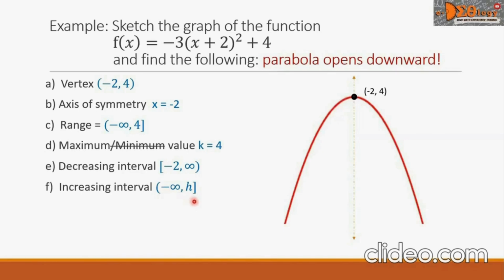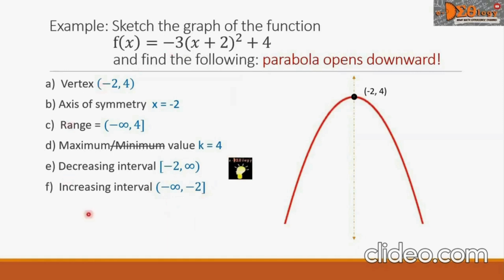We will just substitute the h value with our x coordinate of the vertex. So our answer is negative infinity up to negative 2. We use the square bracket here and also the parenthesis because we know every time there is infinity, always a parenthesis is used.